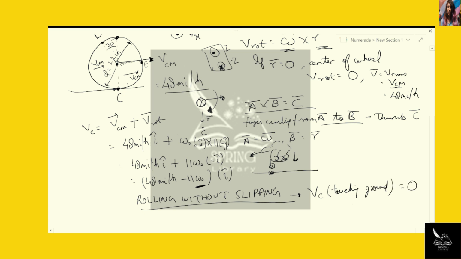And in case of rolling without slipping, it's a mandatory condition that the velocity of point C, which is touching the ground, should be 0. So this is something which defines rolling without slipping.